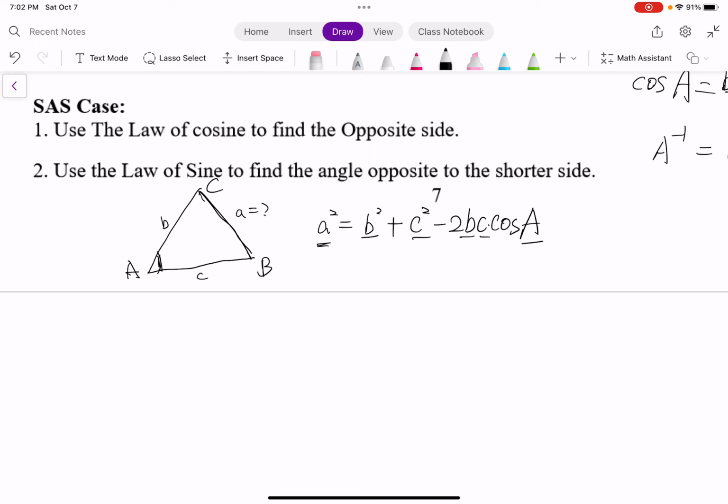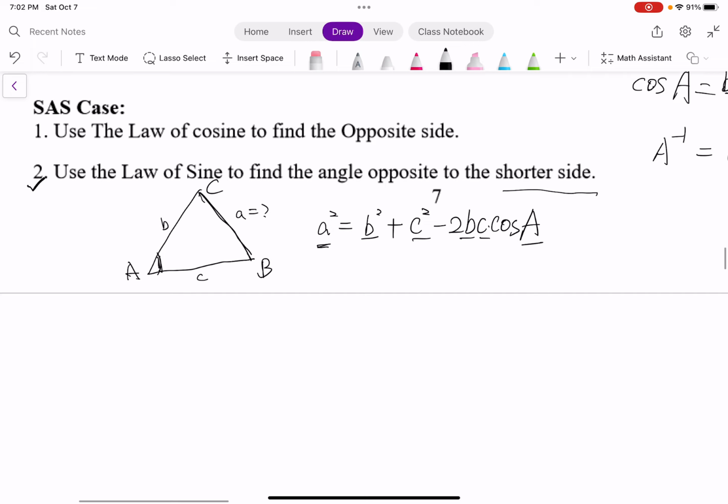Second step, use the law of sines to find the angle opposite to the shorter side. So let's see which is shorter, b or c. It all depends on the question. For example, c equals 15 and b equals 20. So c is shorter.